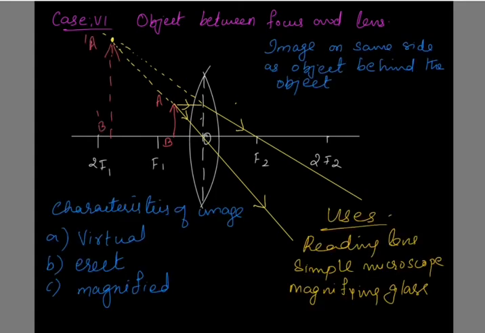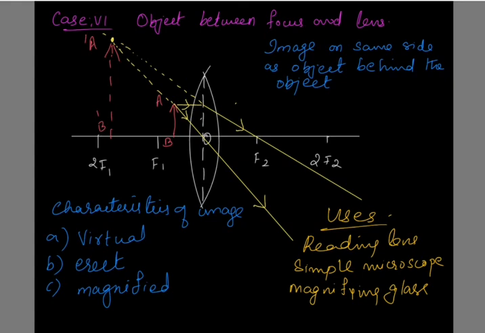So the characteristics of the image which we get are, it is virtual in nature, erect in nature, and magnified compared to the object, and such position can be used in simple microscope, or maybe in magnifying glass, reading lens, etc.